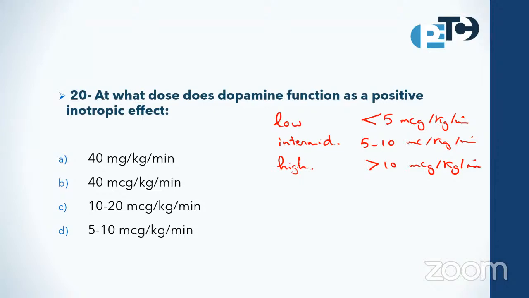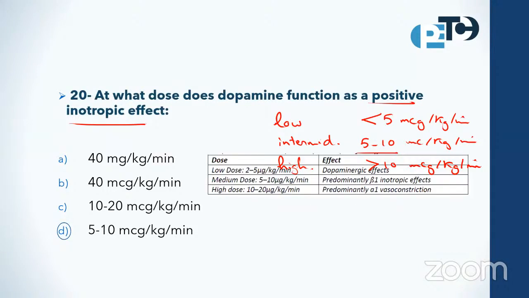So it has the positive inotropic effect through this middle dose, between 5 to 10. While the higher dose causes vasoconstriction, so it is not applicable for congestive heart failure. You should not use the higher dose of dopamine over 10 microgram per kg per minute.